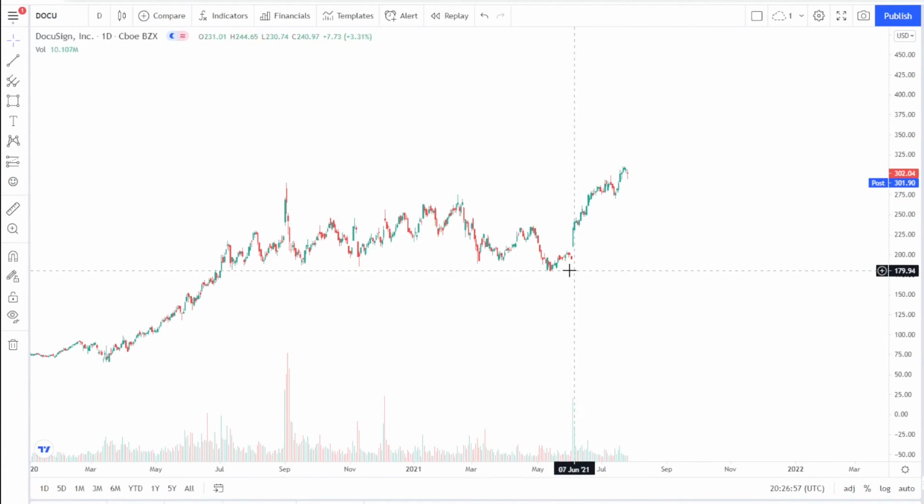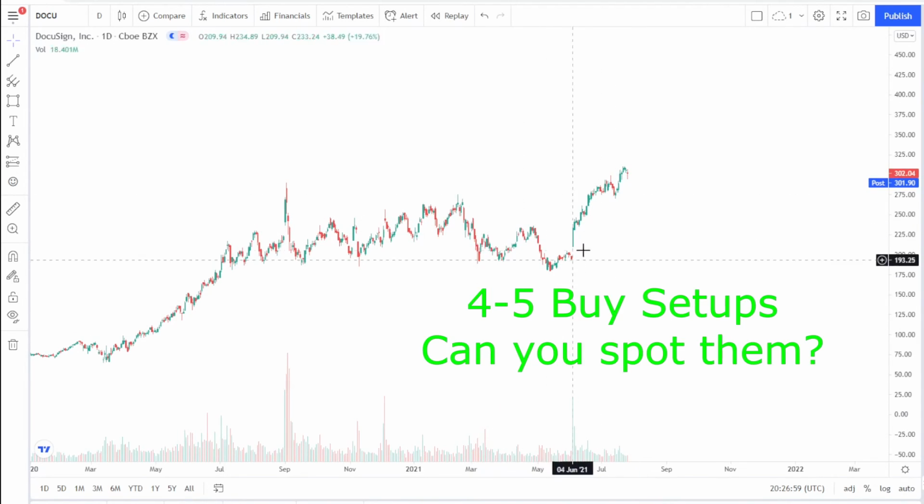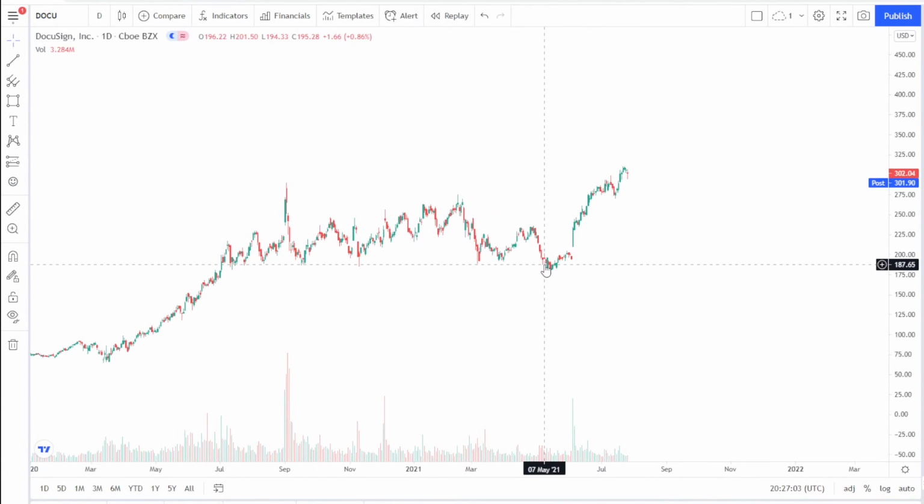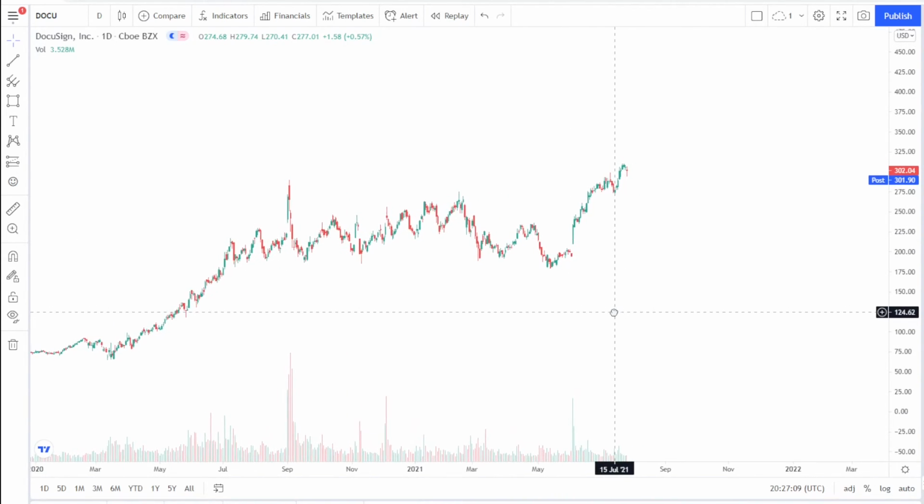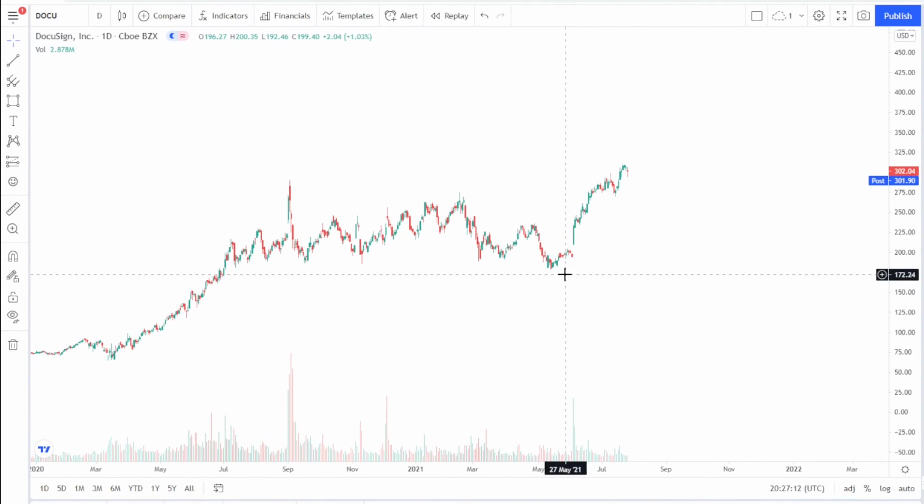So just in this one stock alone, there have been 4 to 5 buy setups since early to late May. So really focus on learning these buy setups, finding them, and being able to take them, and realize that you have to expose yourself in order to get the gains, and make sure you use stop losses.